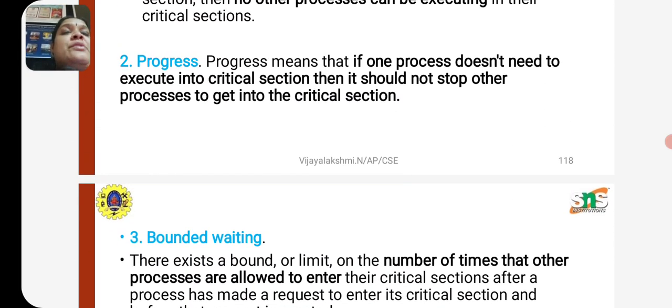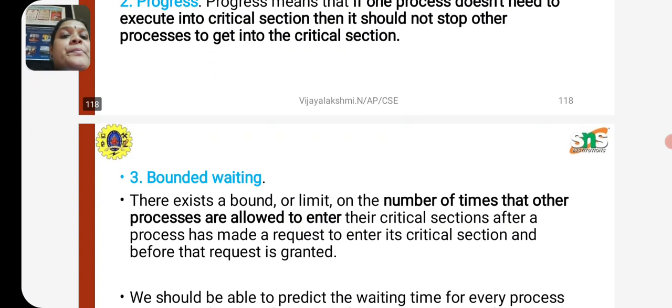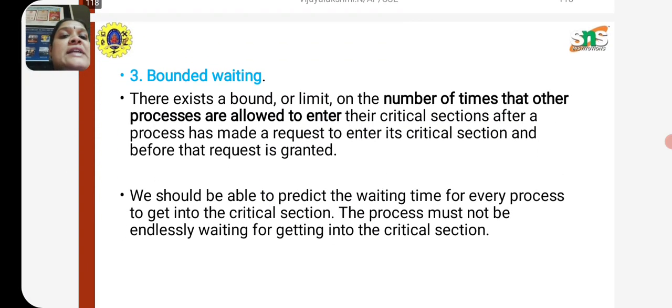Progress means if one process doesn't need to utilize the critical section, it has to allow the other process to get into the critical section. It should not stop. Bounded waiting means there exists a bound or limit on how long a particular process can be kept waiting. That should also be taken care of.